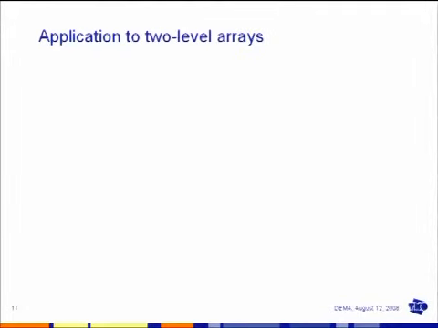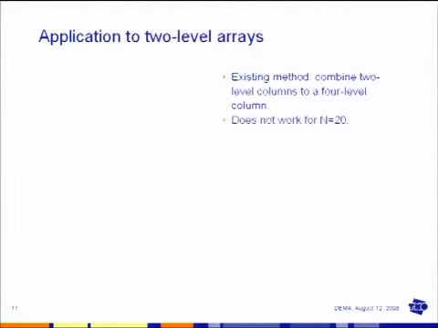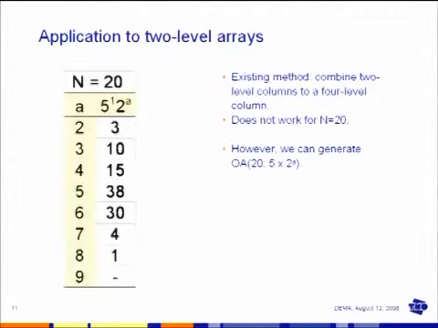Now, very briefly, you can also apply these notions to two-level designs, and there's a particular interesting example here. Suppose you have pure two-level designs in 20 runs. Then it is easy to block these in 2 blocks of size 10, because you take one of the factors, and that's the blocking factor, and your remaining factors are the treatment factors.